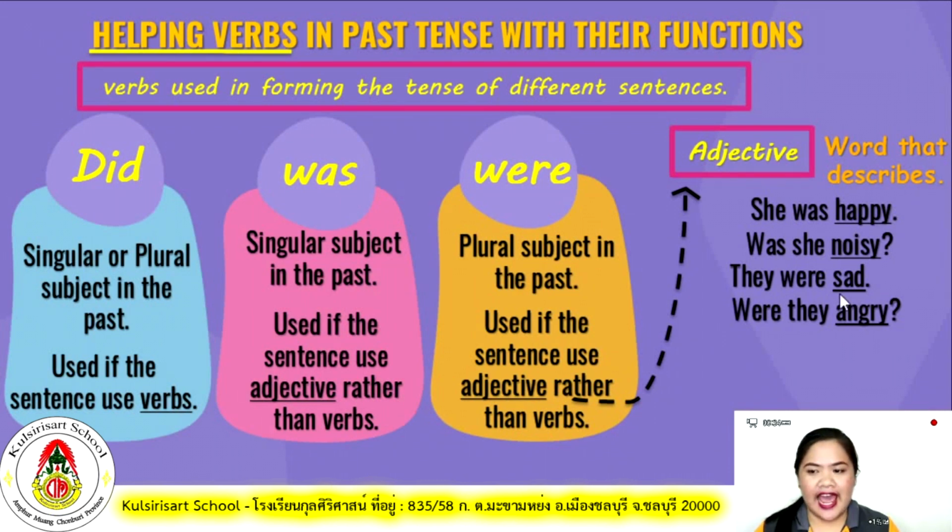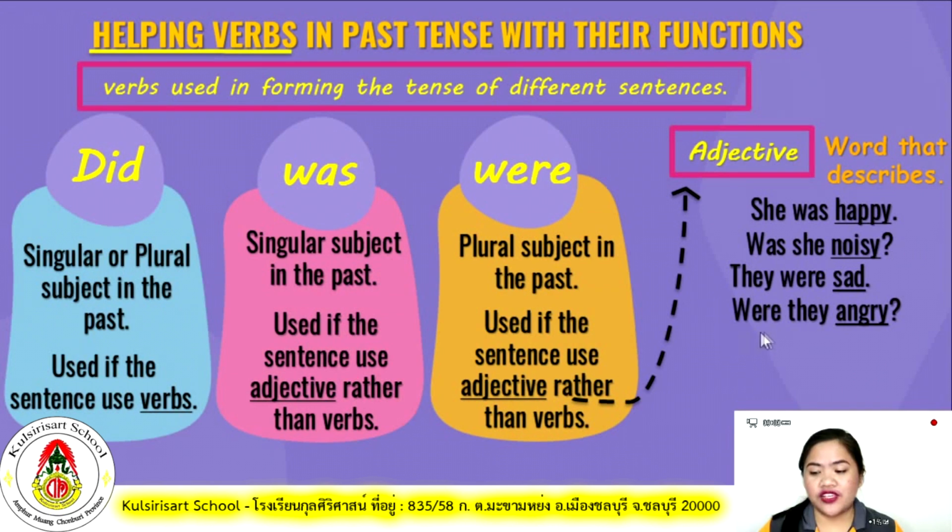Now, let's have the next sentence. They were sad. Sad is the adjective. And for the next sentence: Were they angry? The adjective there is the word angry, which is underlined in the sentence.